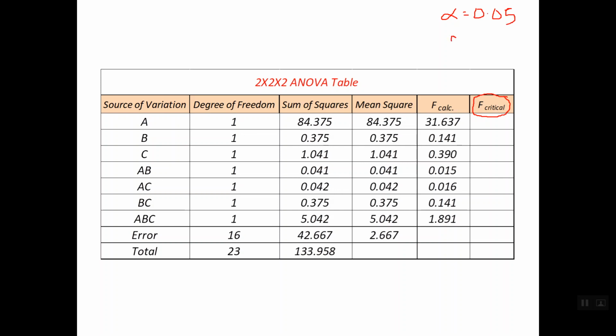And we need to know the degree of freedom for the numerator, or df1, which is the degree of freedom for the corresponding factor, and we should know the degree of freedom 2, which is the degree of freedom for the error.